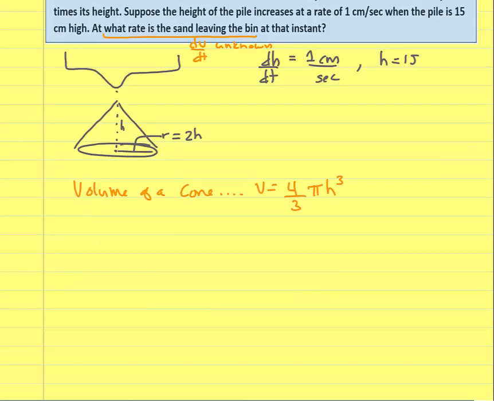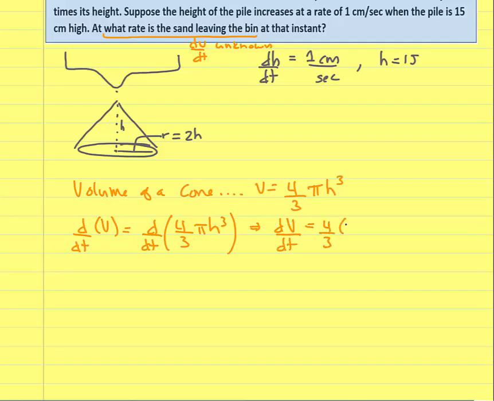Okay, so now we want to come up with our related rate equation. So we take the derivative of both sides, the derivative with respect to time of the volume, and the derivative with respect to time of 4/3 pi h cubed. Now remember, the 4/3 and the pi are constants. On the left-hand side, I end up with dV/dt. On the right-hand side, I have the 4/3.